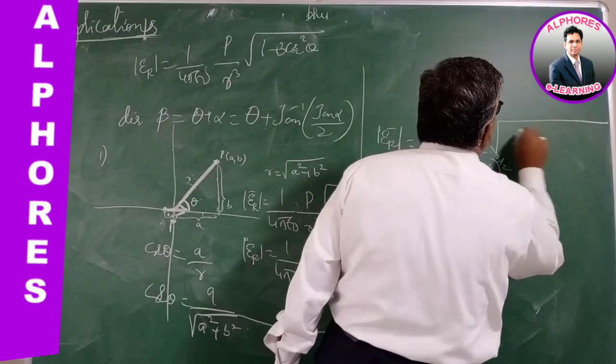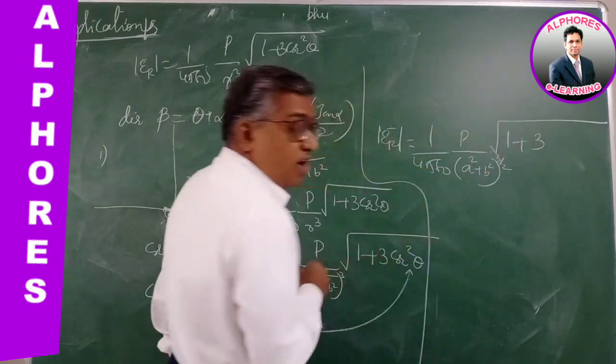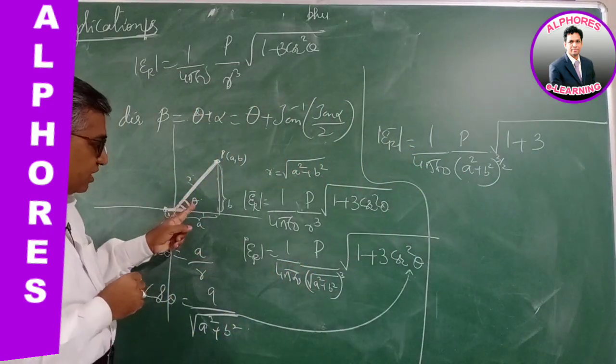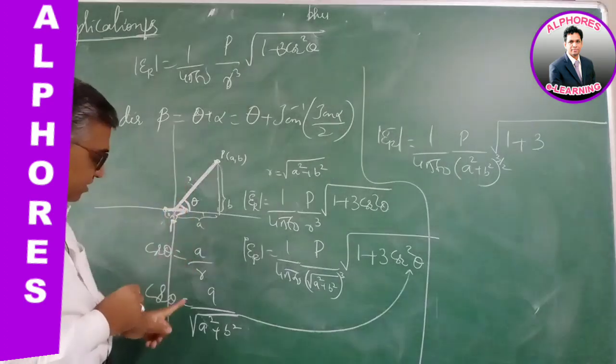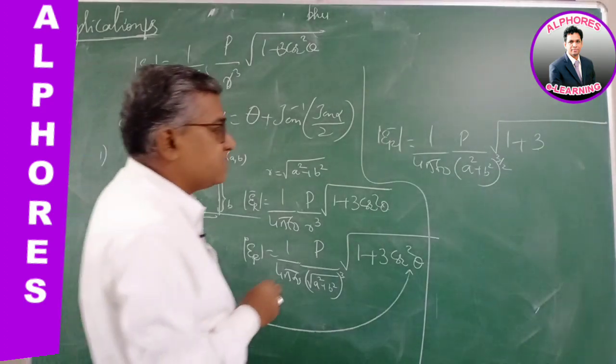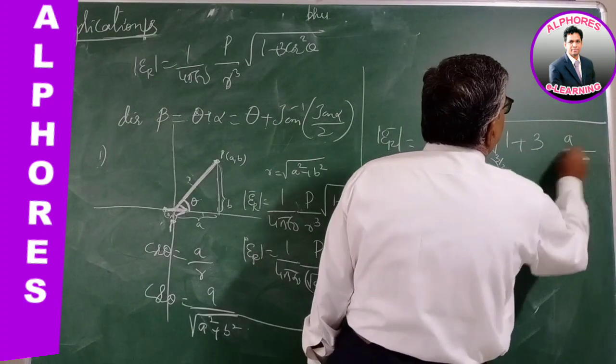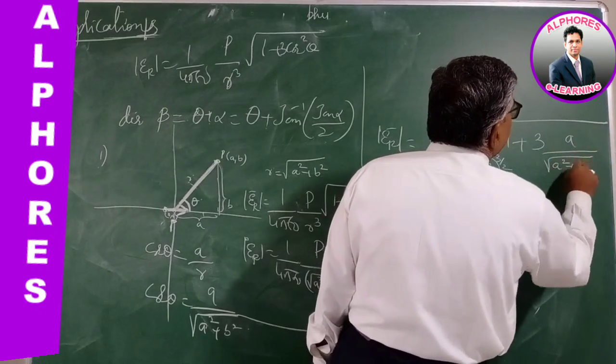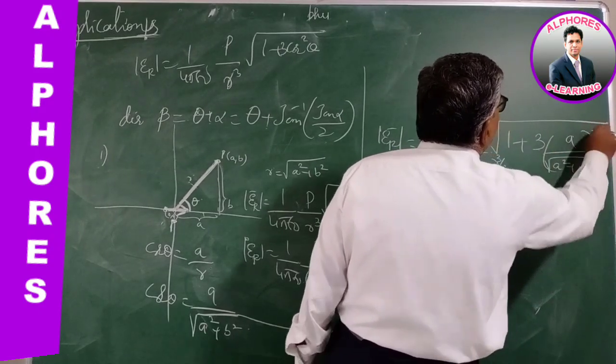Under root of 1 plus 3 cos square theta, where cos theta is A by R, so this is A by root A square plus B square, whole square.